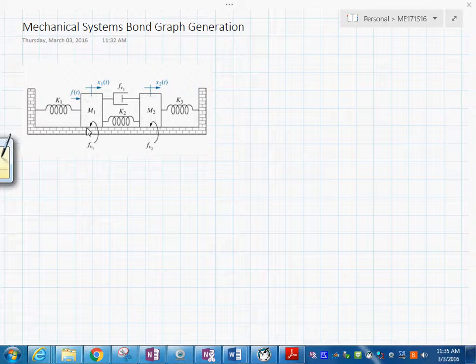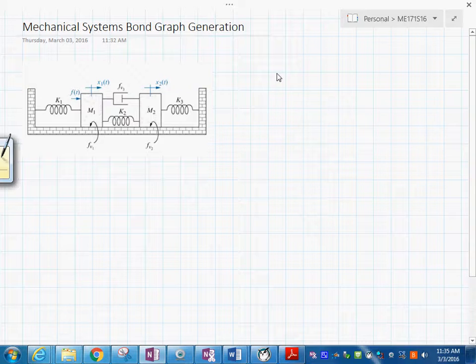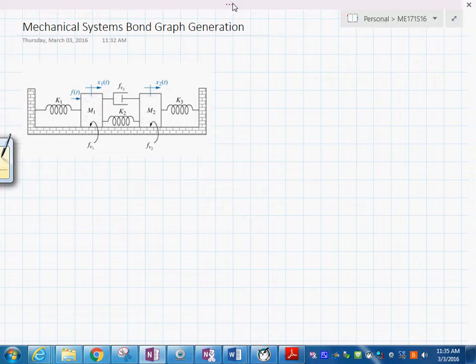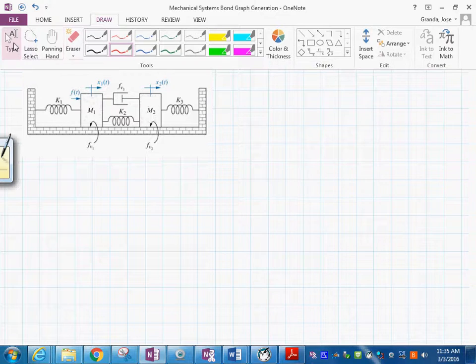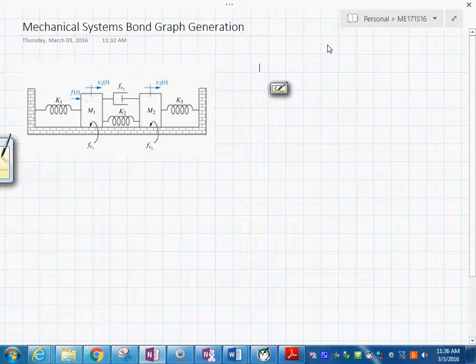Yeah, it might not be a bad idea to do that, so that we can see the relationship of the physical system to the bond graph model itself. So let's just begin over here, and I am going to put what I call steps, steps to generate the bond graph.